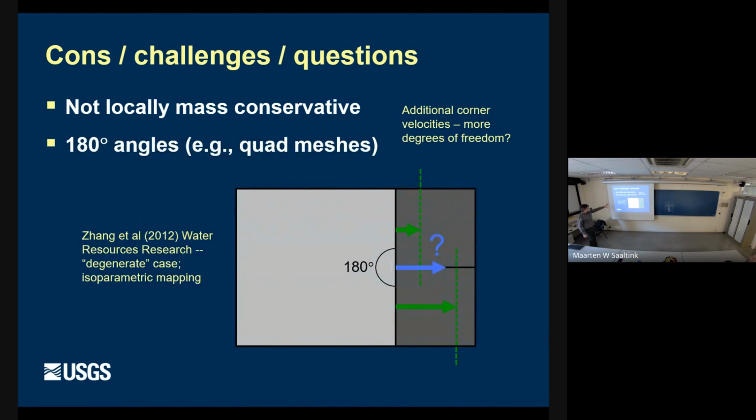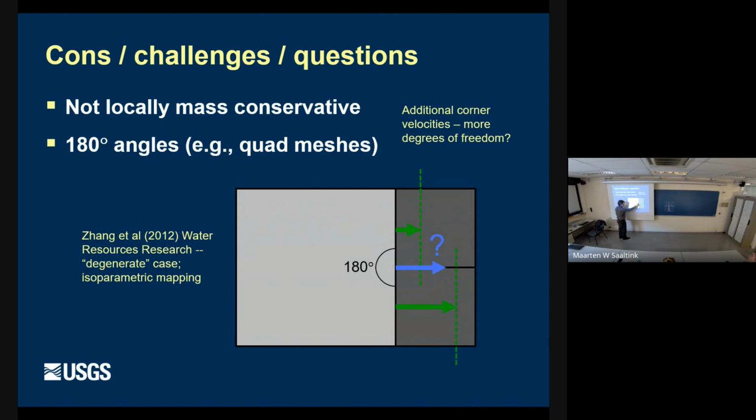So the other problem is 180-degree angles. So again, we have this sharing of corner velocities, right? So say we have a quad-refined grid, for example. So there's a large square cell here, and that is adjacent to, say, another square cell that's been quad-refined. So it's connected to two smaller cells along one straight face, right?